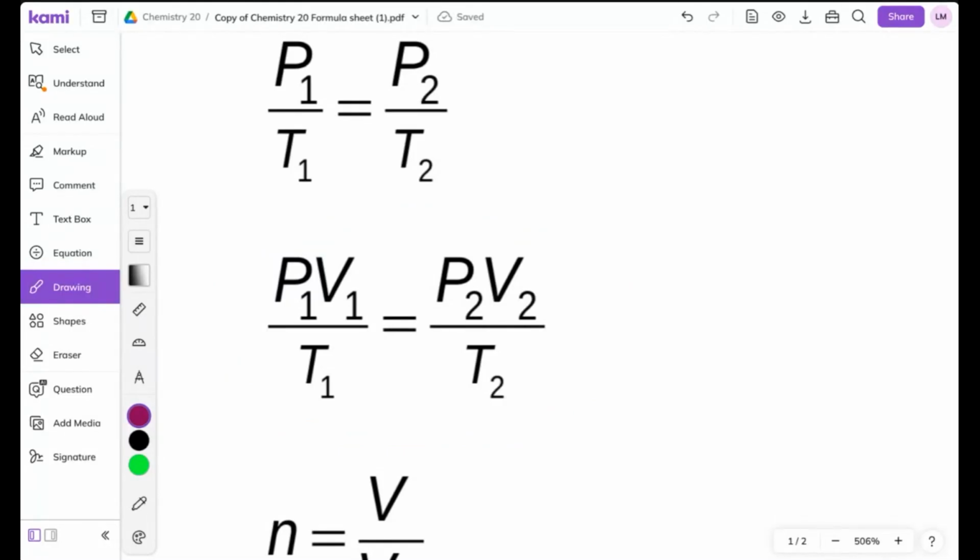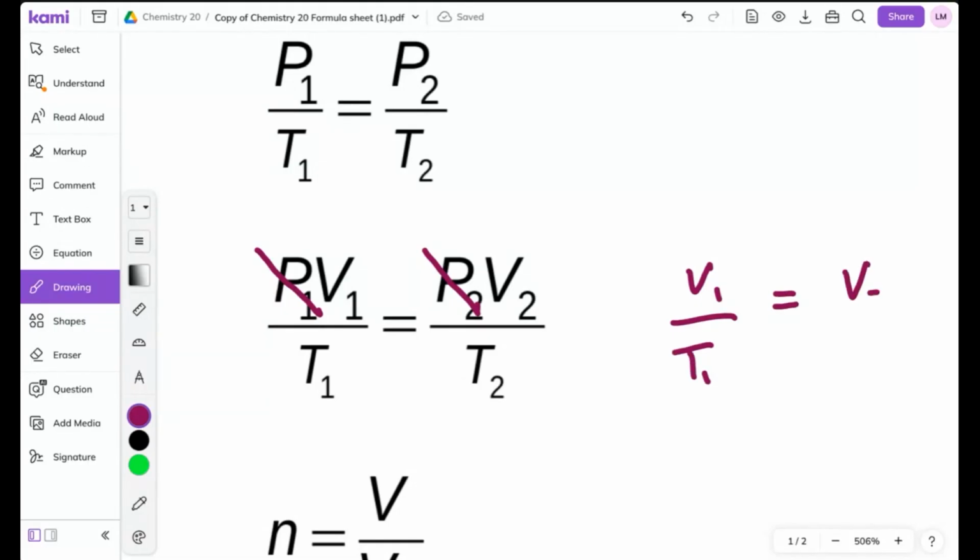Remember that Charles's law states that pressure and moles of gas have to remain constant. Moles of gas isn't mentioned in this formula, however, pressure is. If the pressure is the same, then P1 and P2 are the exact same value, because pressure remains constant in Charles's law. So what that means mathematically is that you can cancel out pressure, and now you have Charles's law.